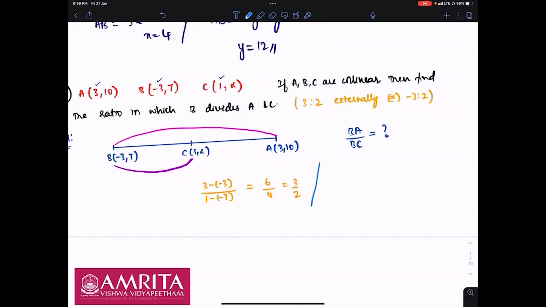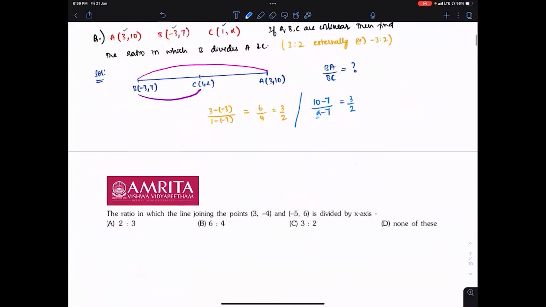So 10 minus 7 divided by alpha minus 7. Between B and A, the difference in y coordinates is 10 minus 7. Between B and C, alpha minus 7. This must also be 3 by 2. The problem is they didn't give alpha, no? That's why we have taken the x difference. But if you equate this to 3 by 2, you will get alpha.